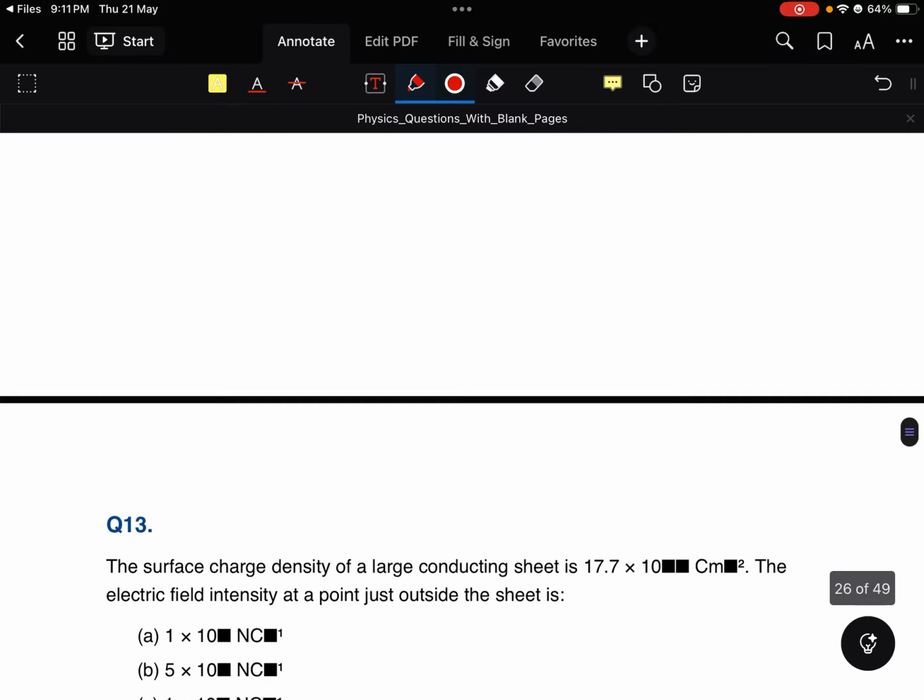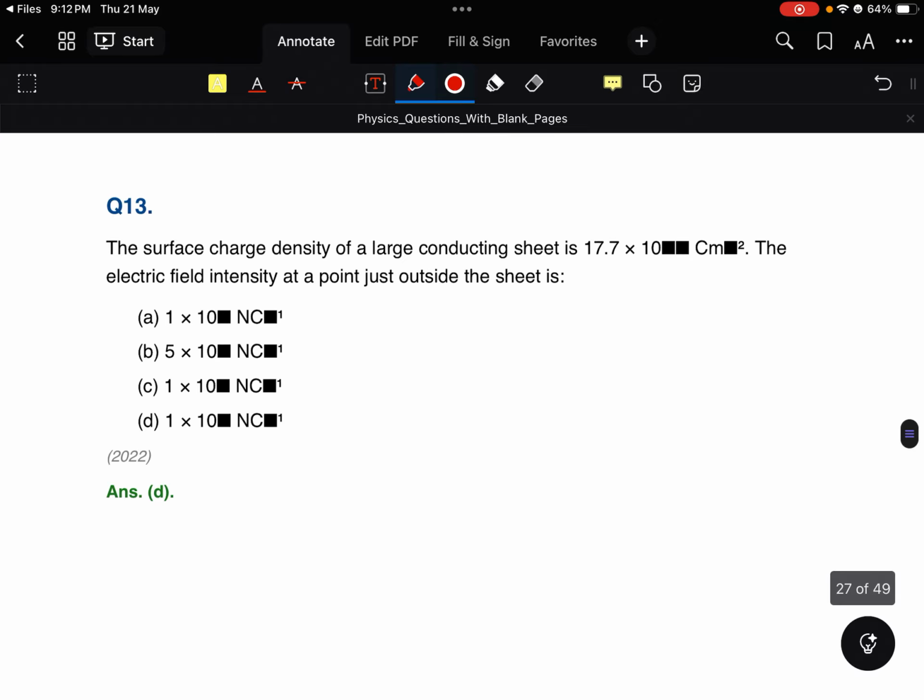It is clear. Then next question. The surface charge density of a large conducting sheet is 17.7 into 10 to the power minus 6 coulomb per meter square. The electric field intensity at a point just outside. So we know what is the electric intensity just outside?